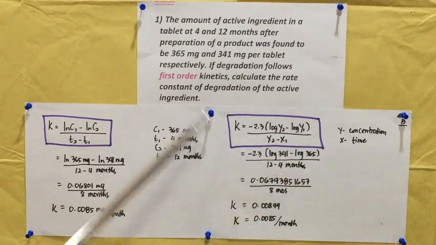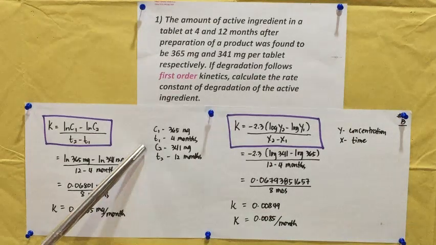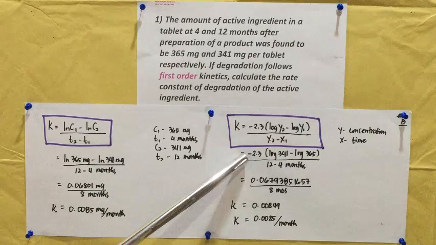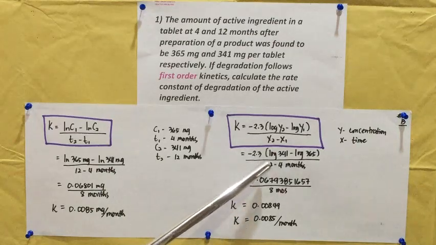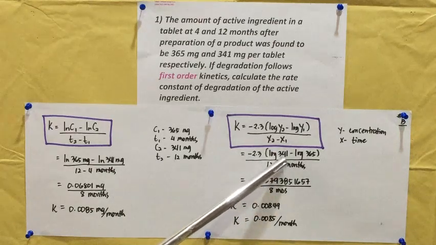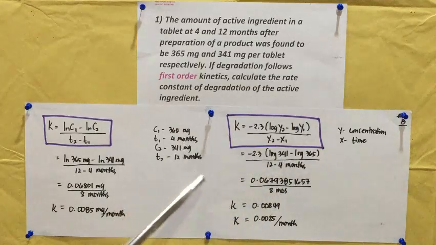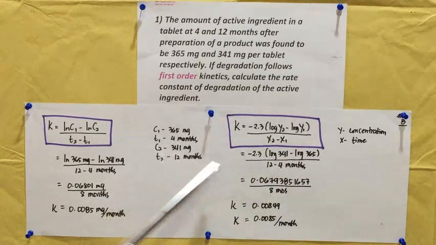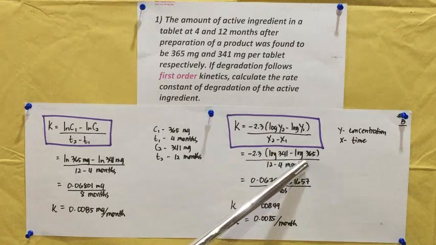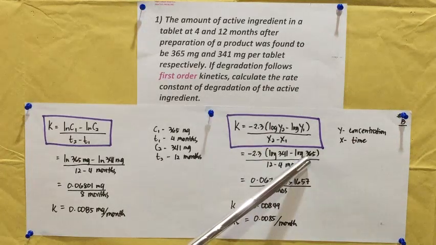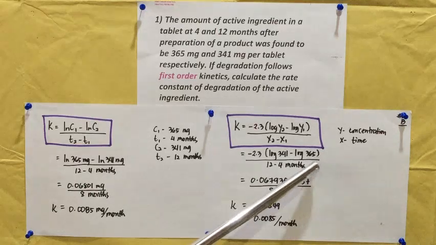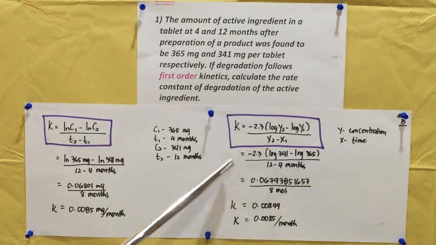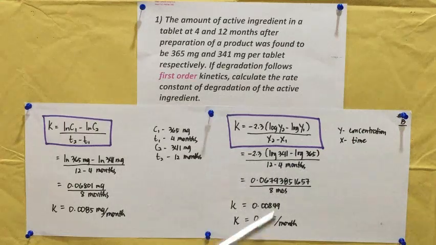So, with this given, let us substitute. So, K is equivalent to negative 2.3 times the log of 341, which is the second concentration, C2 or Y2, minus the log of the first concentration, Y1 or C1, 365, divided by 12 minus 4. So, X2 or T2 minus T1.